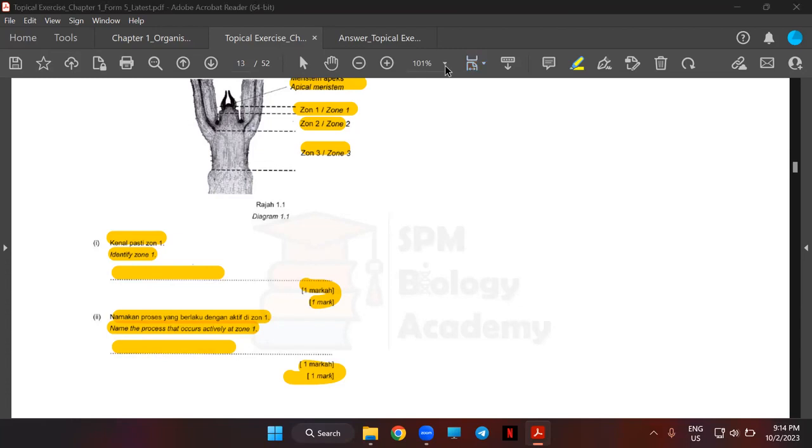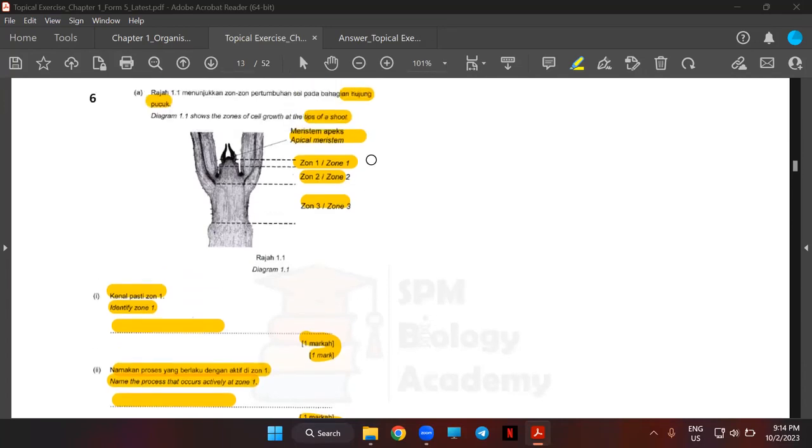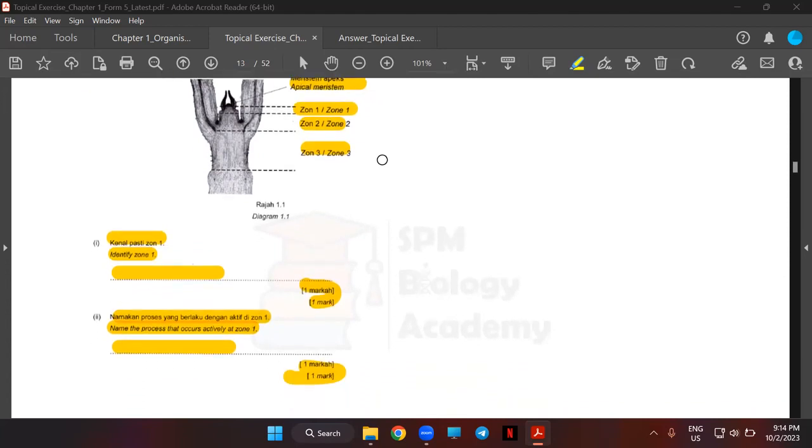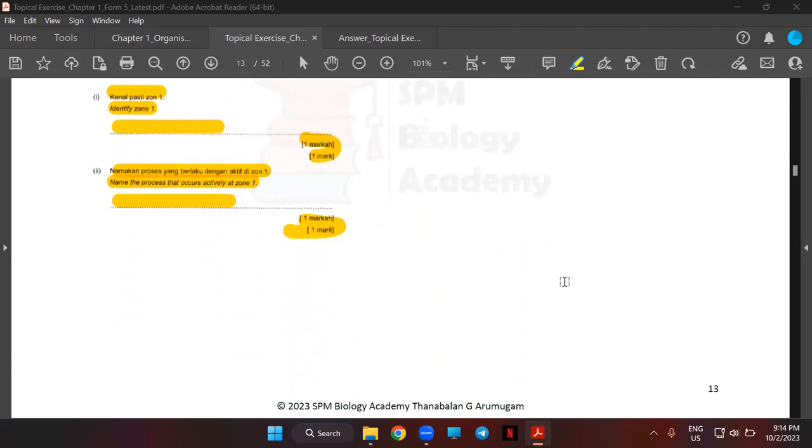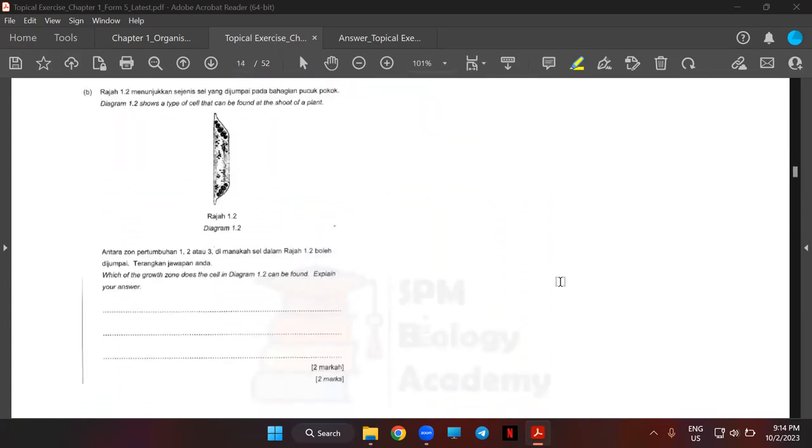Cell division by mitosis boleh tulis. Cell division sahaja pun boleh tulis. Pembahagian sel. Mitosis boleh, tak jadi masalah. Yes, Vikas boleh, no problem. Okay, very simple question. Everybody knows this, I think.